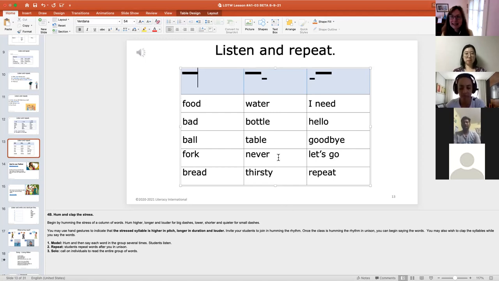Okay, and then in our second column, sometimes I'll do it with my hand. Okay, that's a little exaggerated, but it's water, bottle, table, never, thirsty.